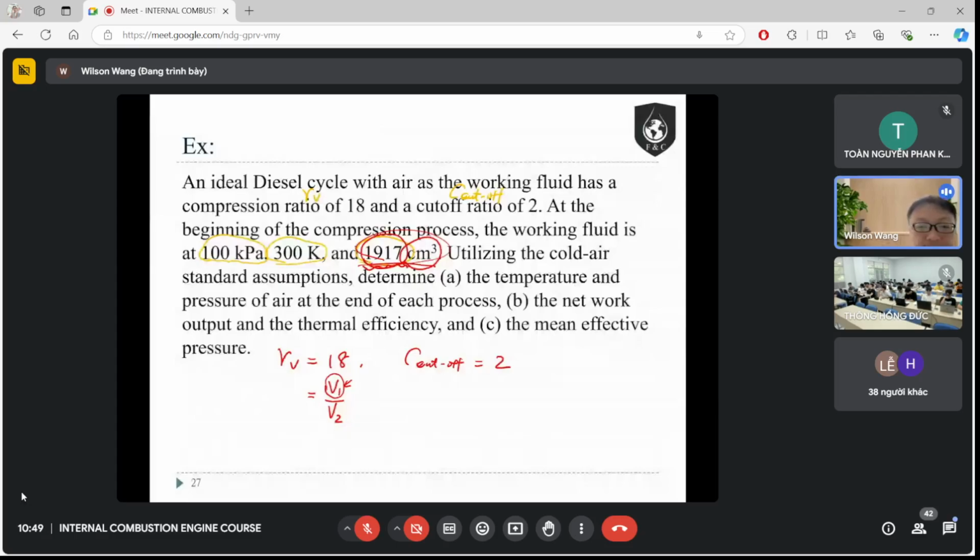So the compression ratio is V1 by V2, which is 18, and we already have V1, 1917, so I can find V2. Also our cutoff ratio is 2, and the cutoff ratio is V3 by V2.